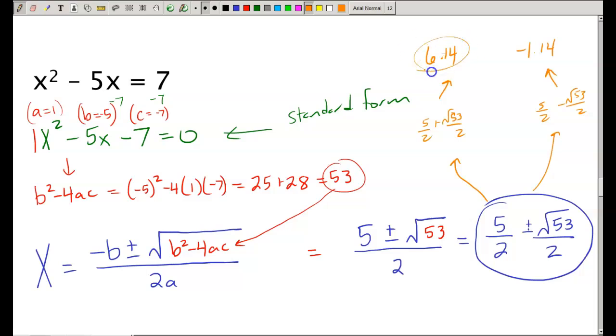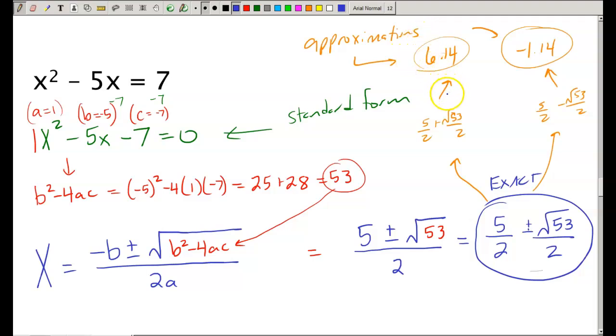Those are my approximations. Okay, they're still my solutions, but they're approximate values. Down here, these are my solutions, and these are the exact values, the exact solutions. And so in this section, we're going to be focusing more on the exact solutions, but understand that we can also report those as approximations.